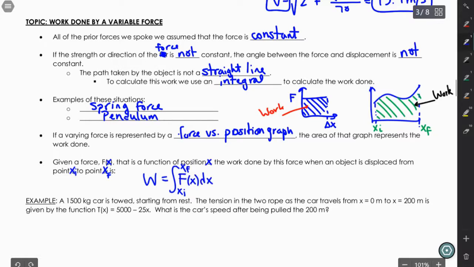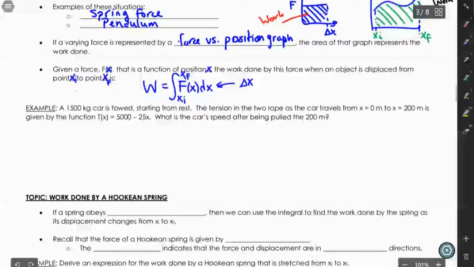And remember, that dx translates back to delta x. Those are the little increments that we add up over time, because remember, integrals are simply the sum. It's called a Riemann sum of all those little delta x's.